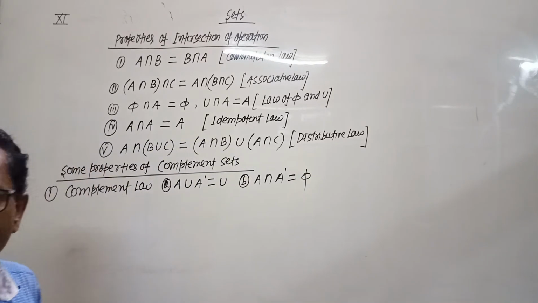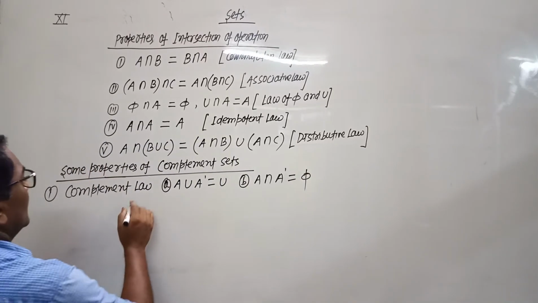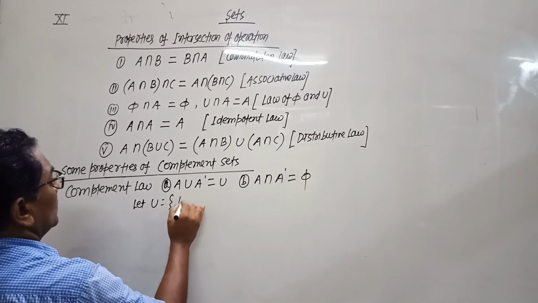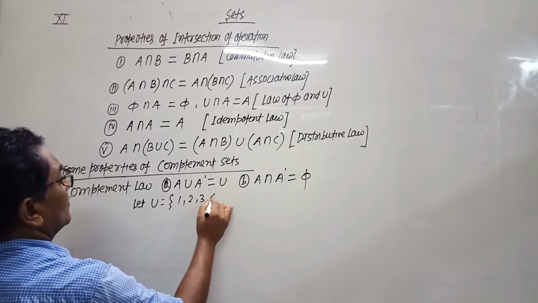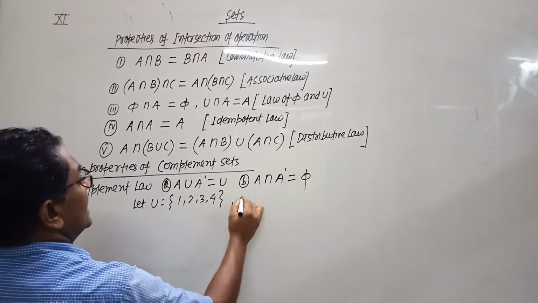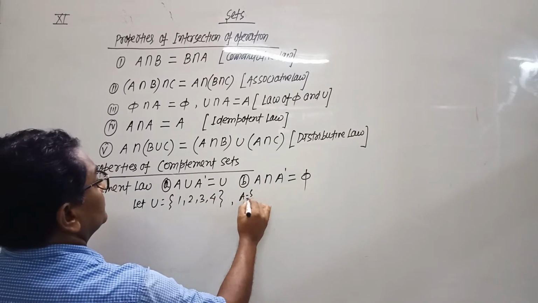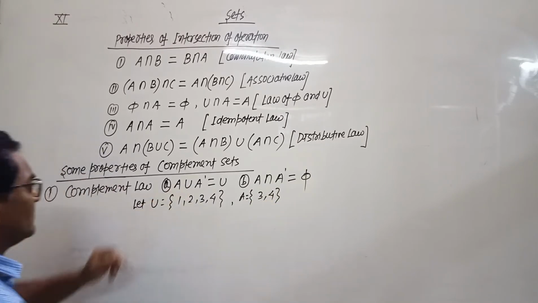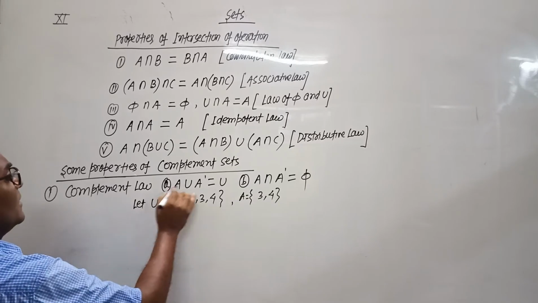We can prove by taking an example. Let U equals 1, 2, 3, 4 and set A equals 3, 4. Then we prove the first property.